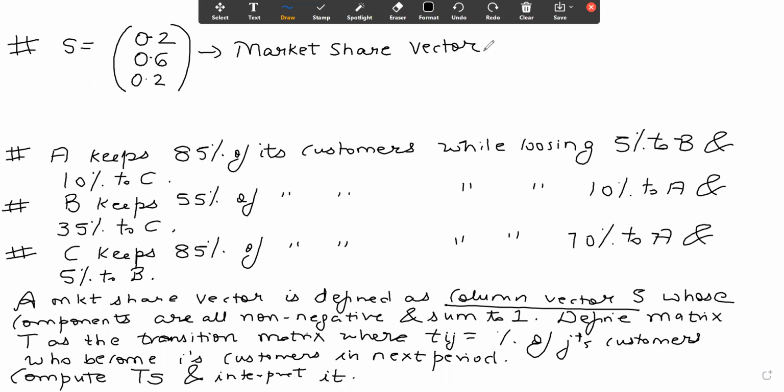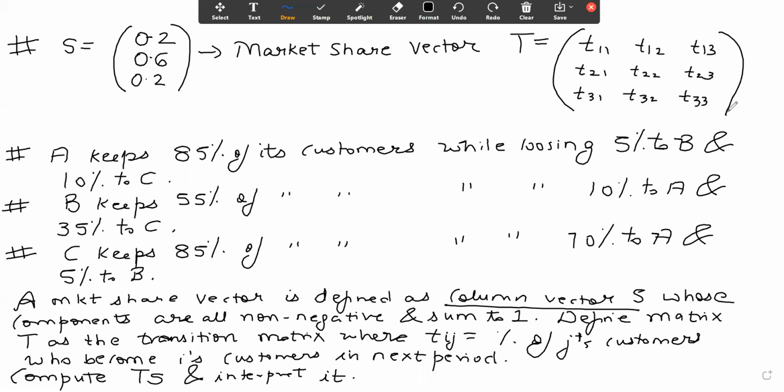Now let us see what is capital T. Okay, so capital T is nothing but my transition matrix. Now the transition matrix will capture what are the changes which have happened in the next period. So it will have components as T11, T12, T13 and so on. So I can write it like this: T11, T12, T13, T21, T22, T23, T31, T32 and T33.